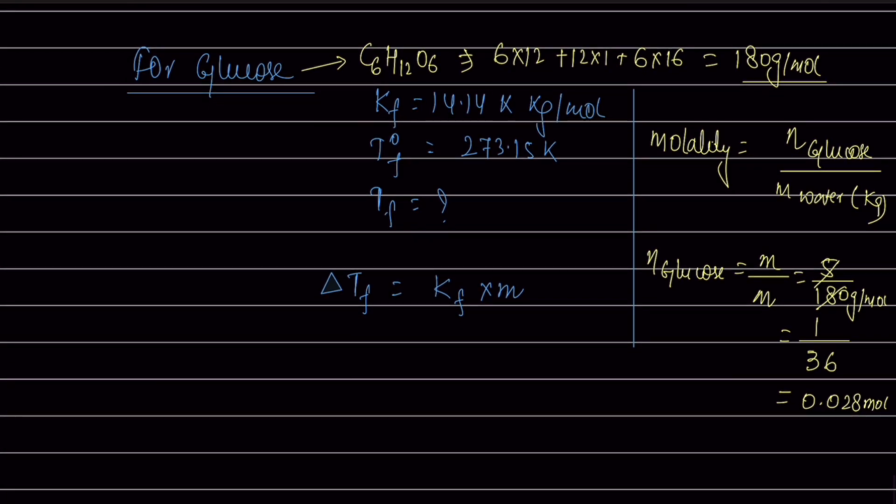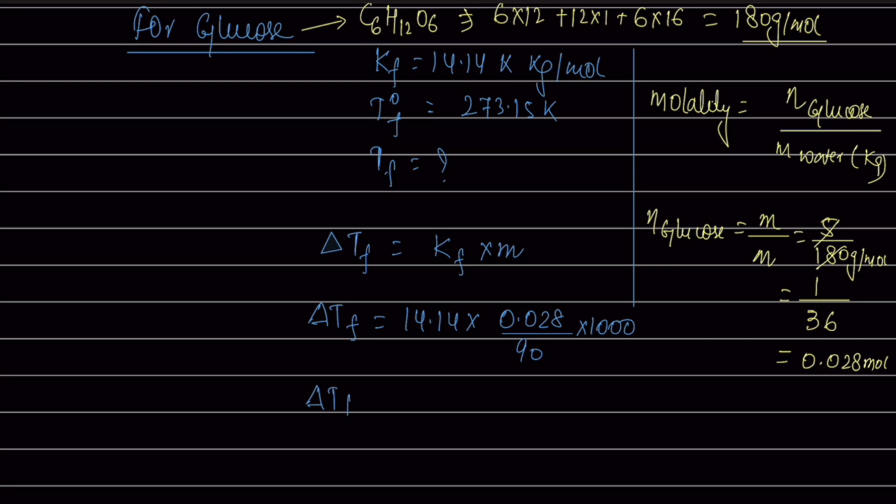Now we have the moles, we can substitute the values. Delta Tf is equal to 14.14 into 0.028, and the mass of the water is 90 gram, into 1000. So delta Tf is 14.14 into 28 upon 90, equal to 4.37 Kelvin. Delta Tf is equal to T0F minus Tf, so we have to find Tf.